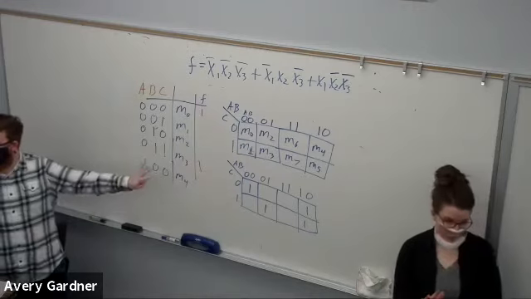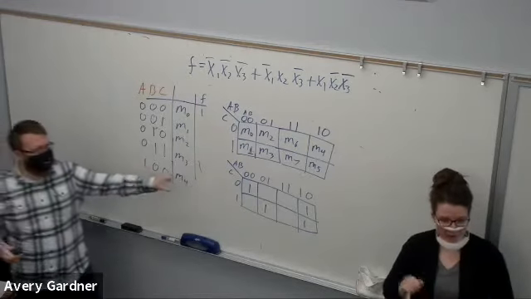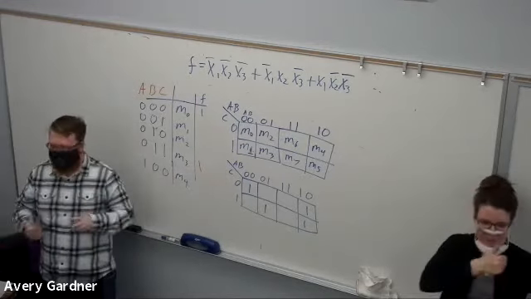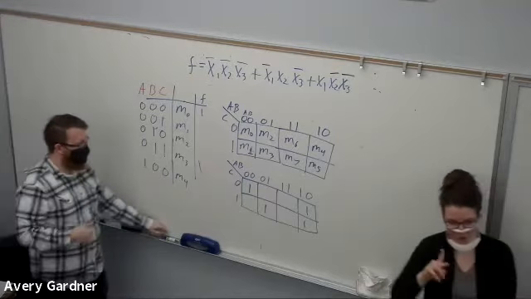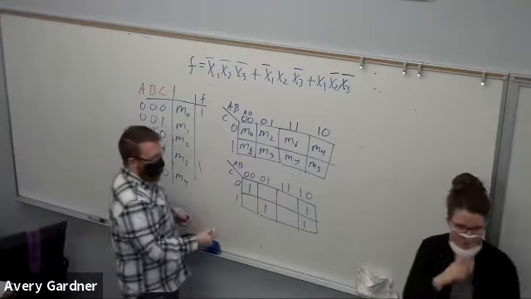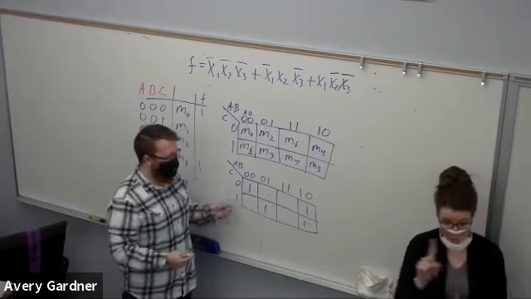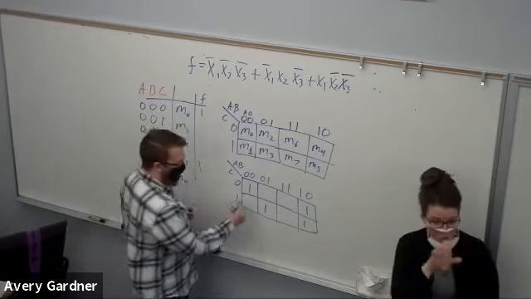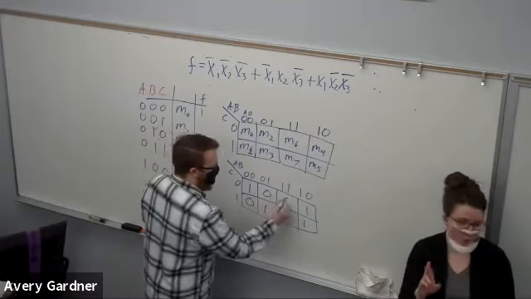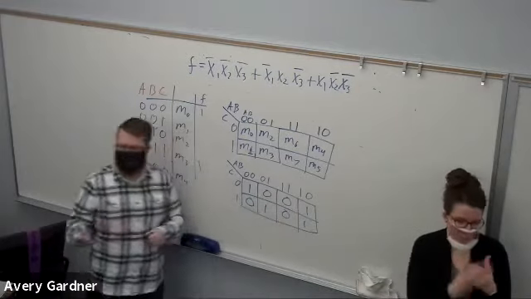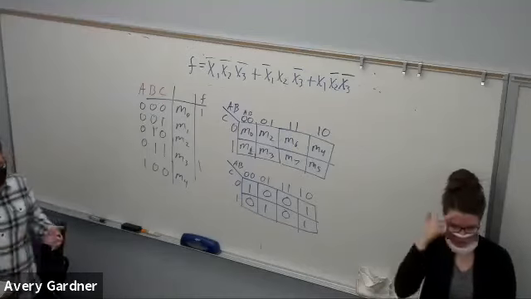And I can go back and build out this truth table from the K-map. They're linked. Now, there are 2 ways to do this. You can just write only the ones and assume that everyone else is a 0, or you can explicitly write out the zeros, your choice. Because if it's not a 1, it's a 0, right?